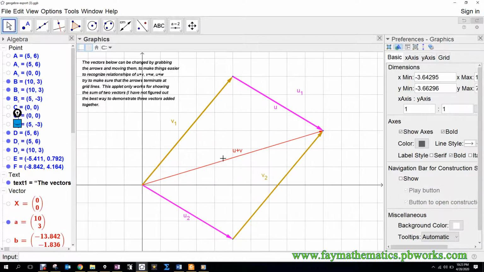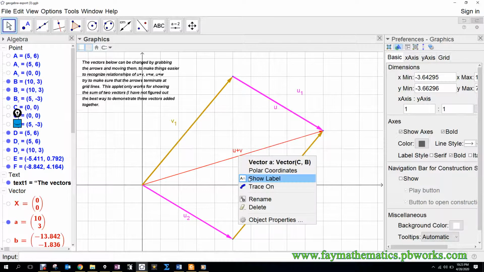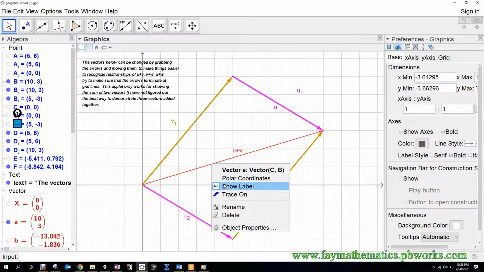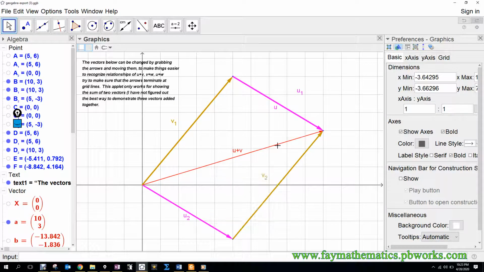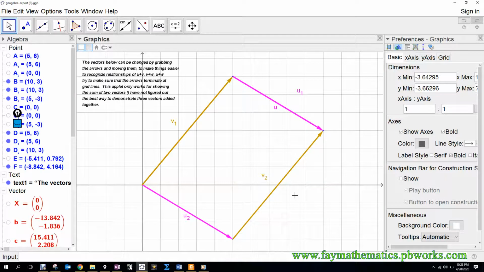okay. I just want to hide this u plus v for a moment. Maybe I can't. Let's do that.